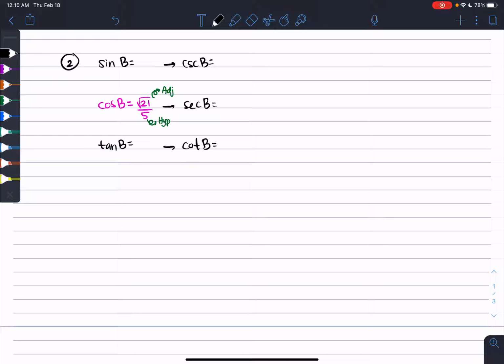So when we create our triangle, sorry, it's quite ugly, we can use this corner as our reference angle. And don't forget, we know that this here is the hypotenuse because it's opposite of our right angle.